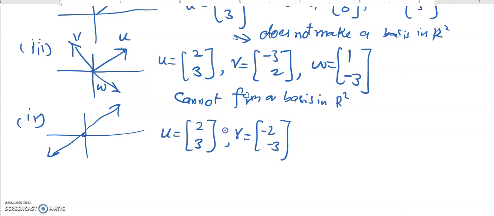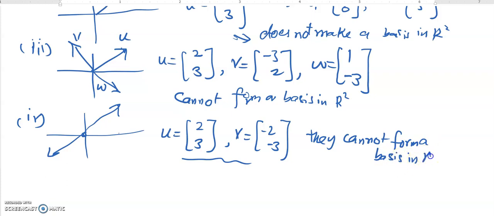Both are opposite vectors. Since these vectors lie on the same line, they are linearly dependent. If you multiply (2, 3) by -1, we get the other vector. Since those two vectors are linearly dependent, they cannot form a basis in R2.